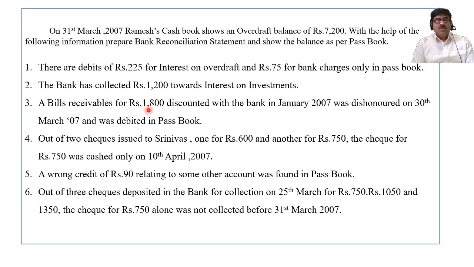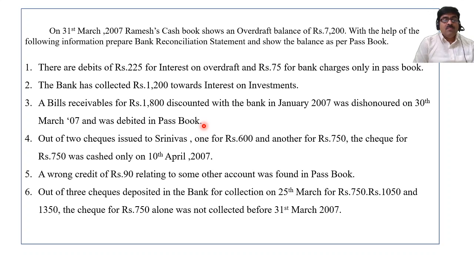A bill receivable, rupees 1,800, dishonored with the bank. Discounted in January 2007, it was dishonored on 30th March 2007 and was debited in the passbook. Here, when the bill is received, it is debited in the bills receivable and debited in the cash book.